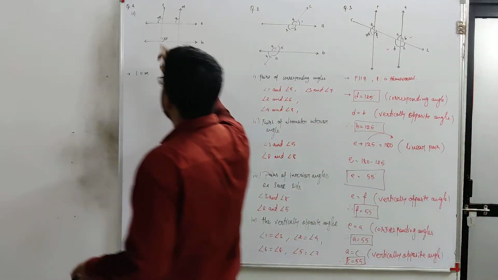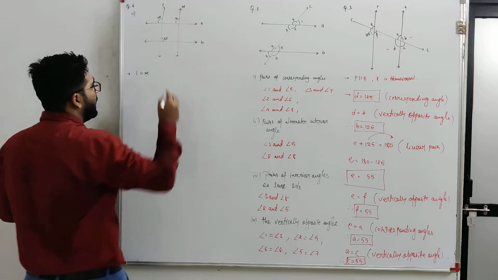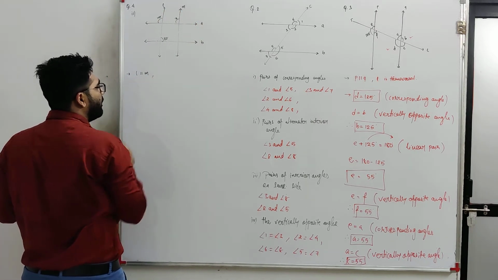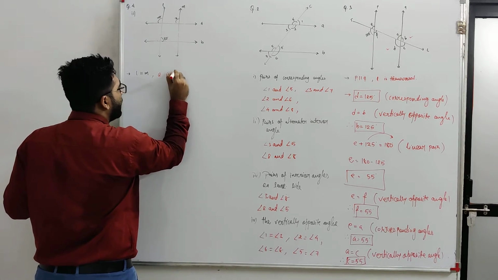We have directly the relation between 100 and X. If we observe that L is parallel to M and A is a transversal, here I am writing L is parallel to M and A is a transversal.